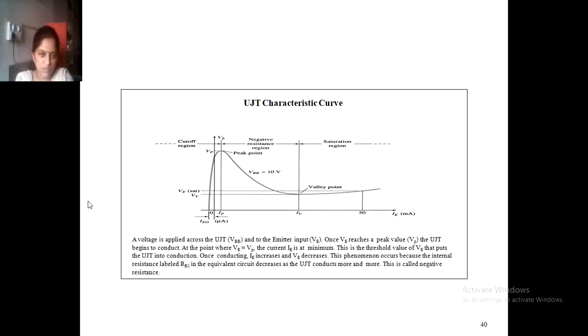In this graph also, there is a peak point where VE is equal to VP, and there is a valley point also. So here our oscillator chapter is finished.